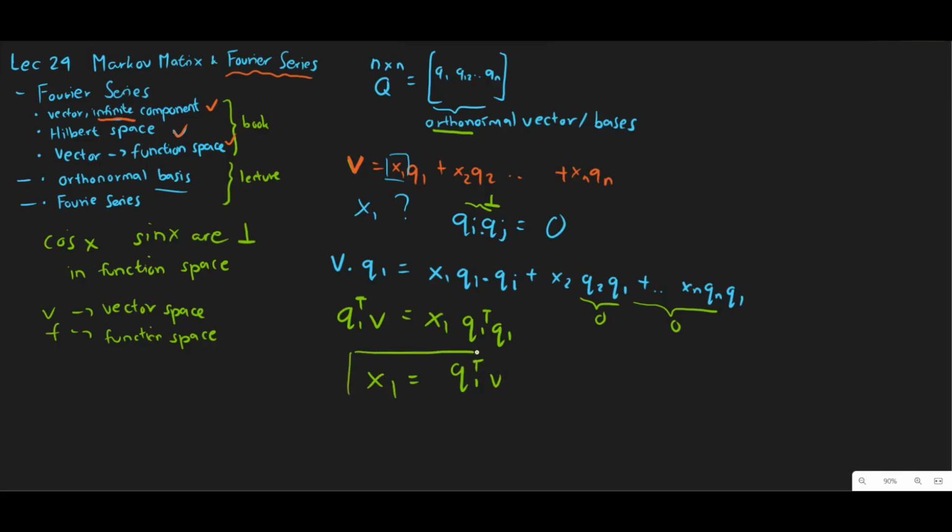That's it. Where does this term go? Well, q1 transpose q1 is the vector length of q1, and since we have orthonormality, it just equals 1. So that doesn't matter, and we have this formula for the coefficient x1.